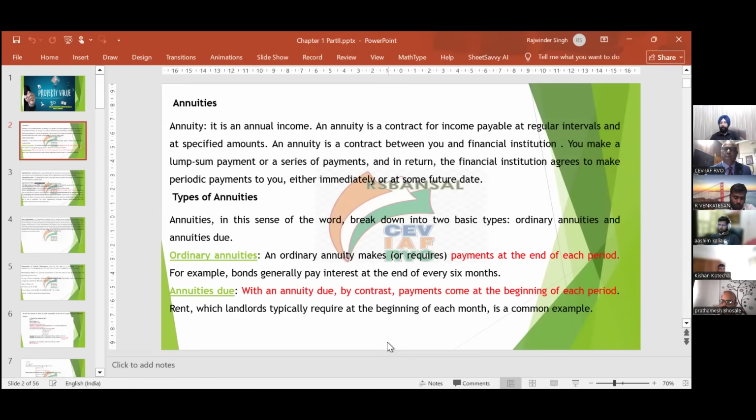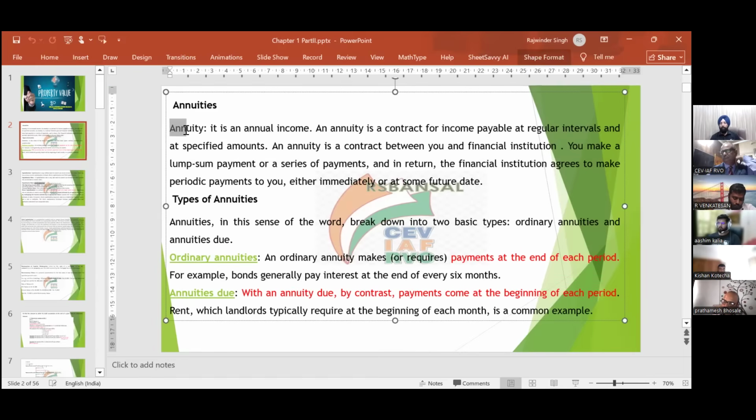Annuity is an annual income, from the name. An annuity is a contract for income payable at regular intervals and at a specified amount. It is a contract between you and the financial institution.